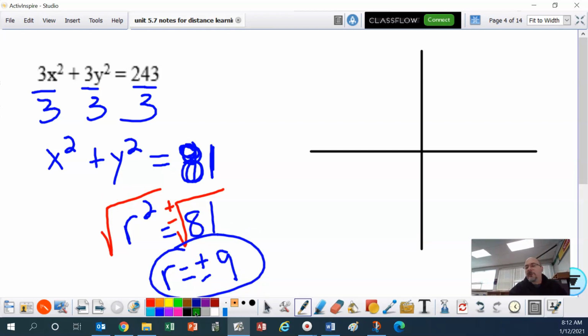I'm not going to fully graph this one, but we would go all the way to 9 on the right, -9 on the left, -9 underneath, +9 on top. We would make our dots, and then we would draw our circle.